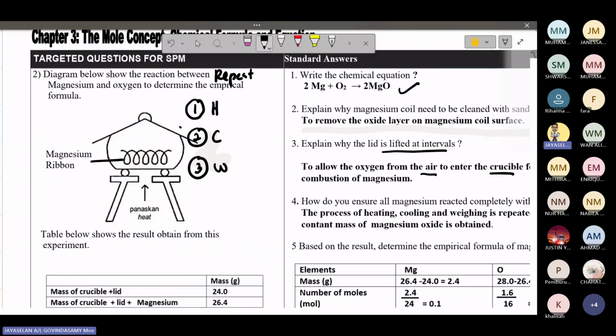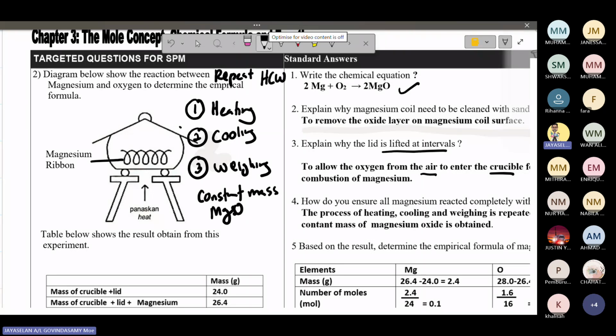So in this experiment, first mereka panaskan, heating. After that, cooling. And the last one is weighing. This process is repeated a few times until you dapat constant mass of magnesium oxide. Ini kena faham. Repeat the process of HCW.